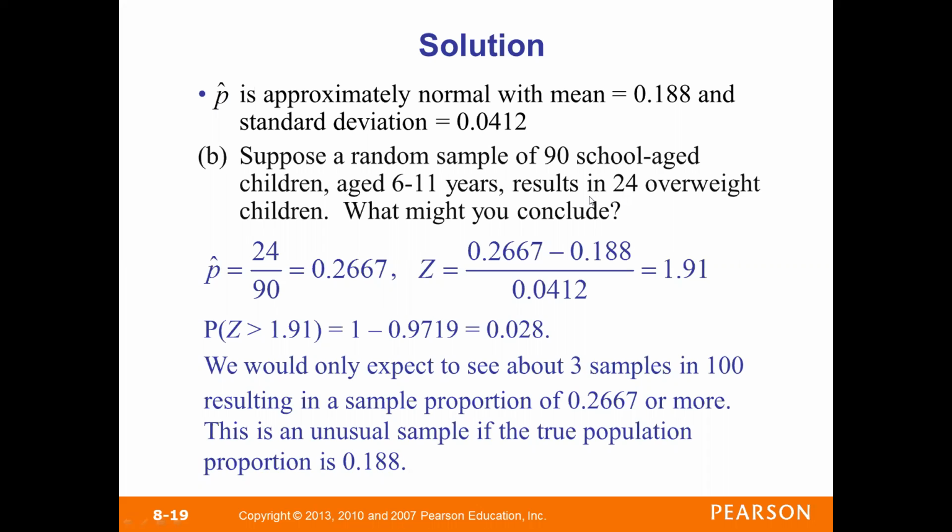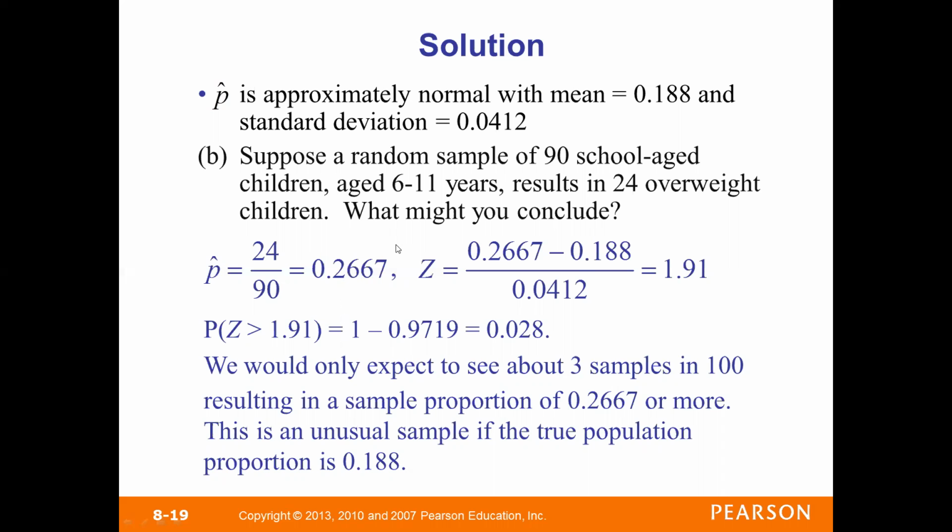If I want to know what the probability is of observing 24 or more overweight children, that would be the same thing as observing the probability that z is bigger than 1.91, which is 0.028. So we would only expect about 3 samples in 100 to have a sample proportion of 26.67% or more. This is an unusual sample if the true proportion is 0.188.